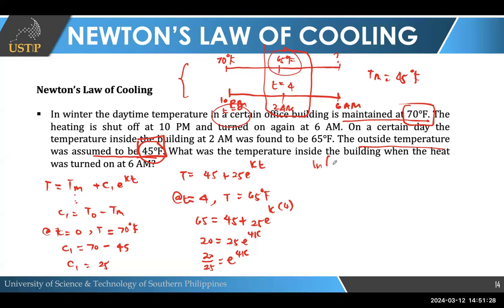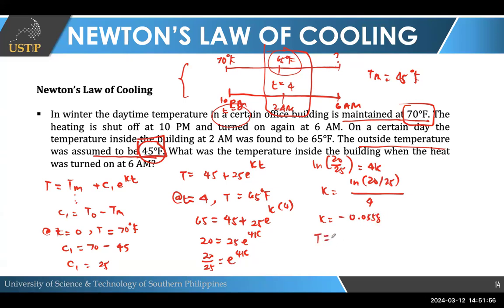So ln of 20 over 25 is equal to 4k, no? And then k will be ln of 20 over 25 divided by 4. Okay, k must be a negative value. But pawakabalo sa iyang specific nga value class, imong expectation will be negative because the temperature decreases over time. So you have negative 0.0558.